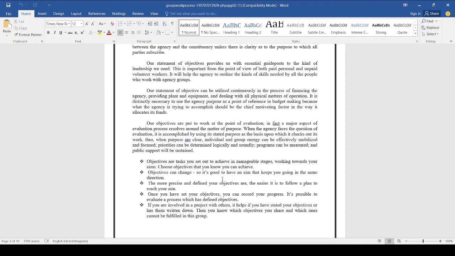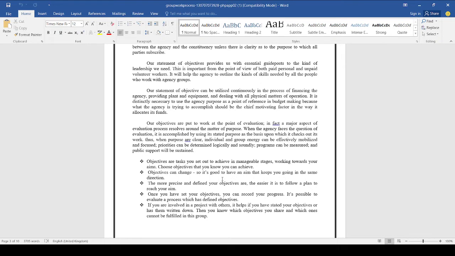Also about the objectives, one more point: once you have set your objectives, you can record your progress. At each stage we have different programs, different activities, different tasks, and we can record our progress. So it is very easy to evaluate a process if we have some defined objectives.